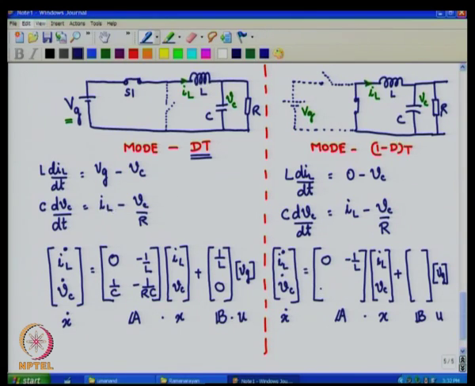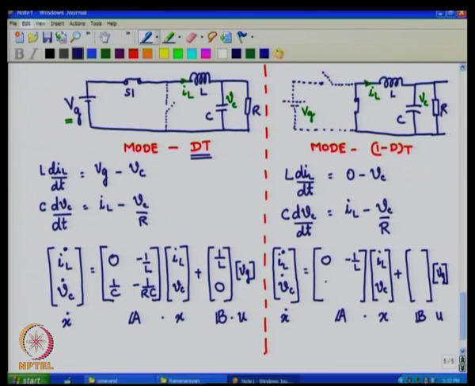And looking at equation 2, the coefficient of IL is 1 by C by taking C onto this side, the coefficient of Vc is minus 1 by RC.